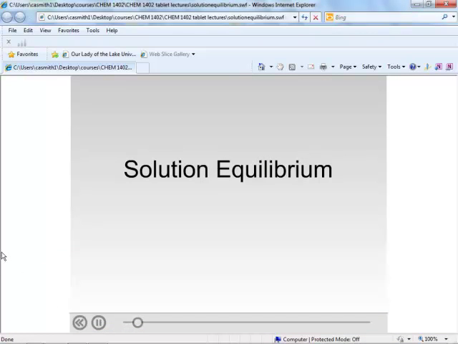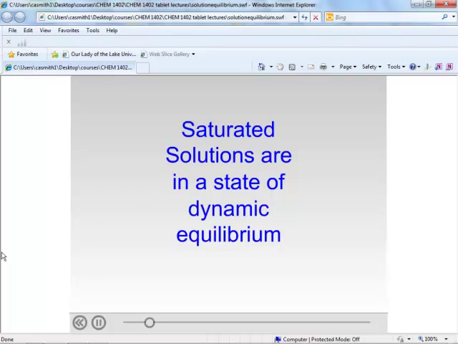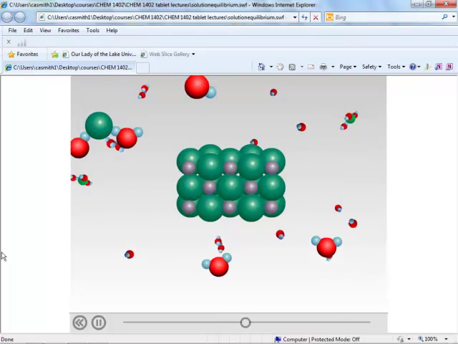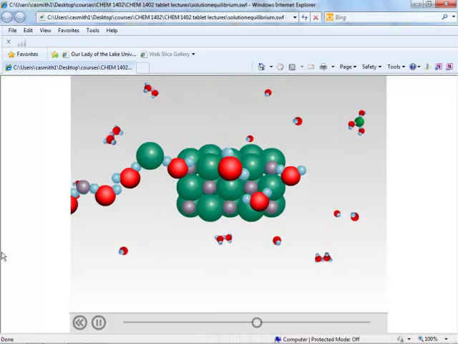So you're going to have your dynamic equilibrium, it's called. It goes both ways. It's dissolving and it's precipitating out, but at the same rates. So we have our water and we have our ions. Now, water's coming along.